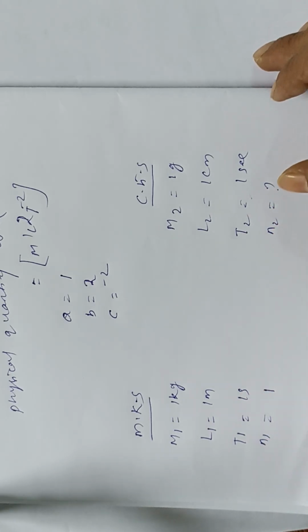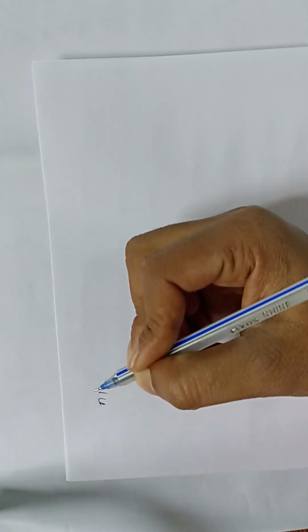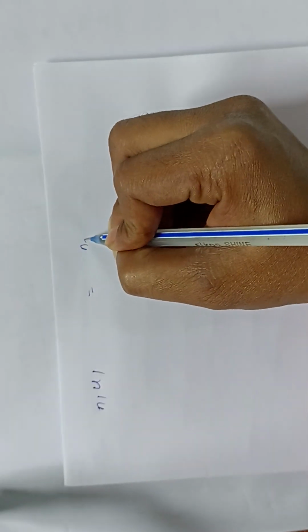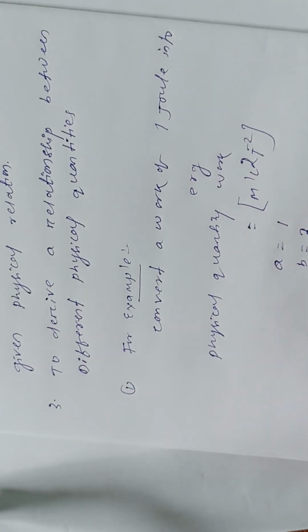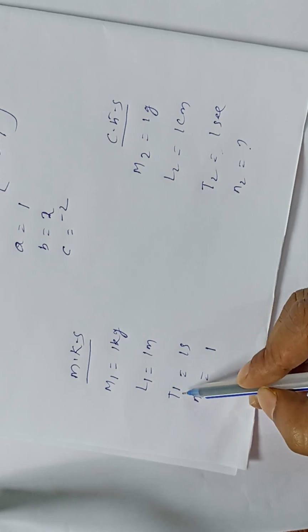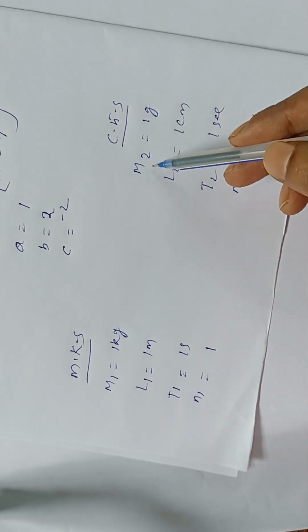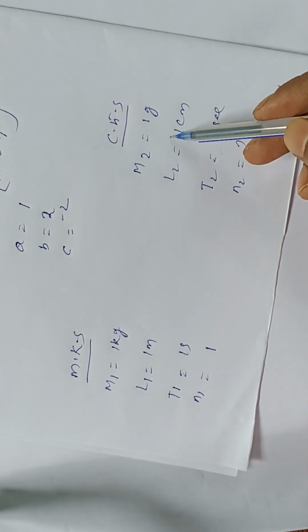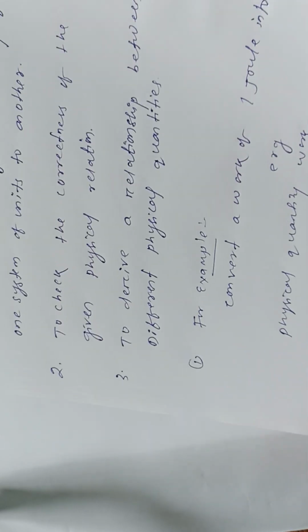We know the quantity is the same in both systems, so we write N1 U1 equal to N2 U2. Here U1 is the unit with dimension M1 L1 T1, and this is N2 with U2.